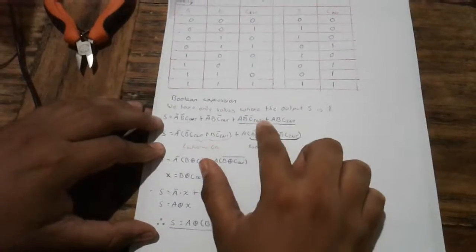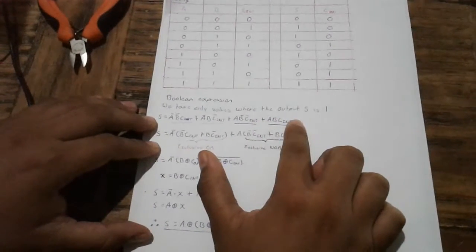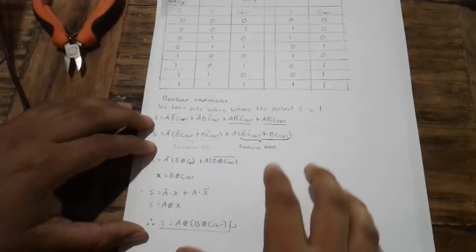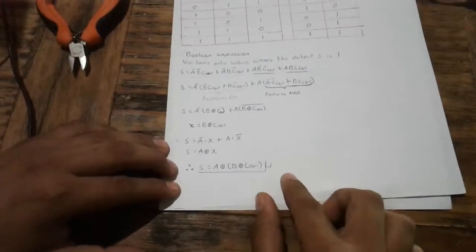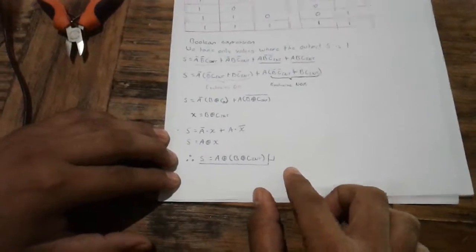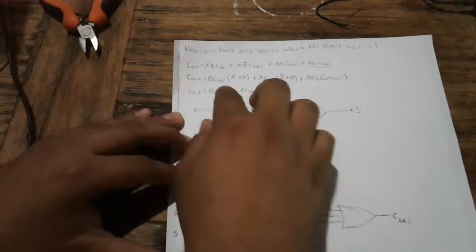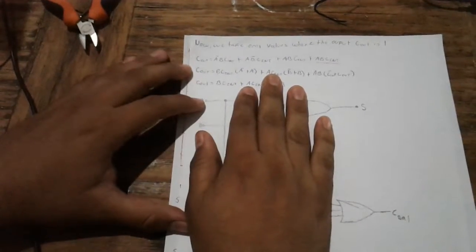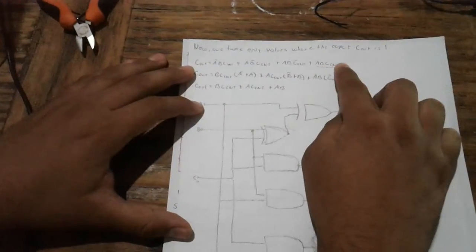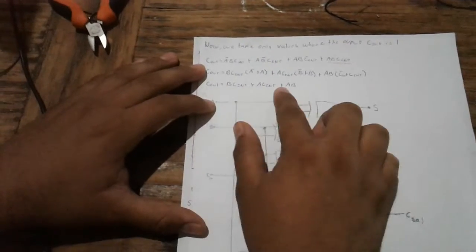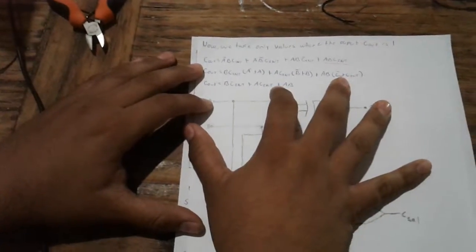This is the original expression, and after all the operations we have a final expression. It's the same with the second output. This is the original expression, and this is the final expression.